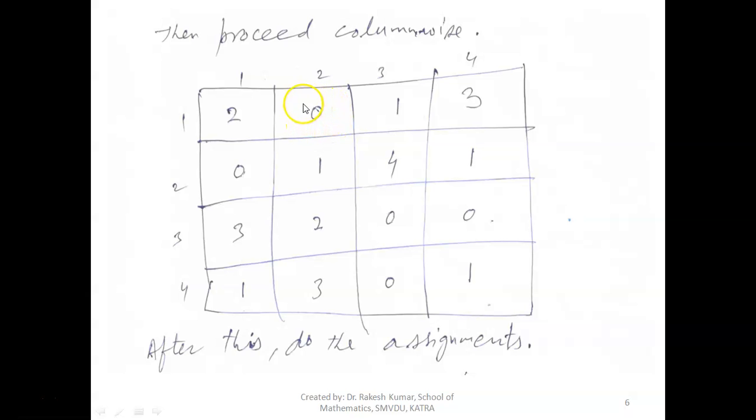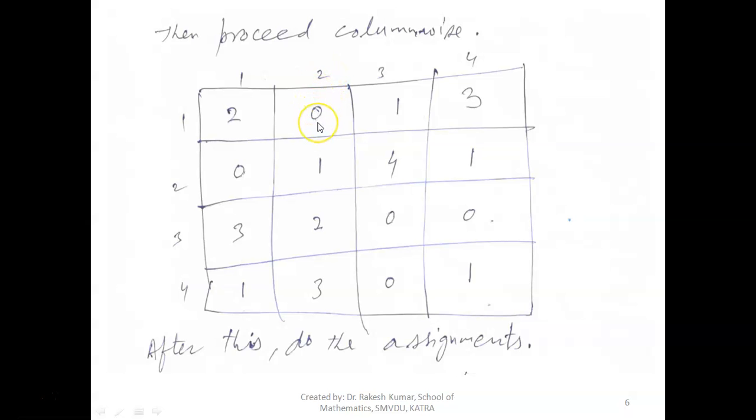Because this is the only 0 available in the first row, it is put inside the square, and it means that an assignment has been done. What is that assignment? It means 1 has been assigned to 2. One resource has been assigned to activity 2.